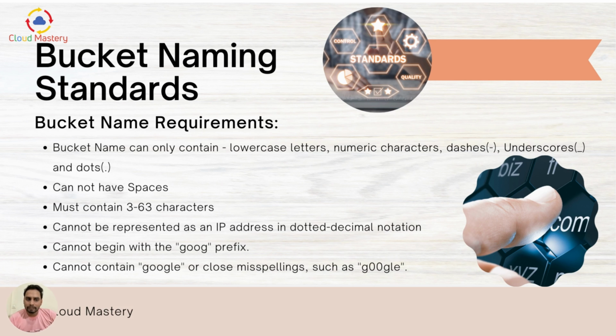With dots there is a specific case: whenever you have a dot in your bucket name, it is identified as a domain, so you need to verify that domain in order to create a storage bucket using a dot. You cannot have spaces in the bucket name, and the length of a bucket name can range from 3 characters to 63 characters.